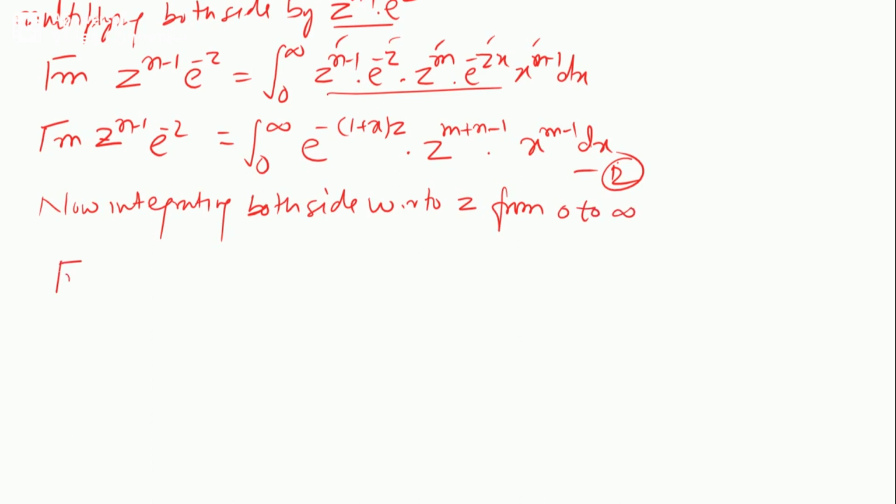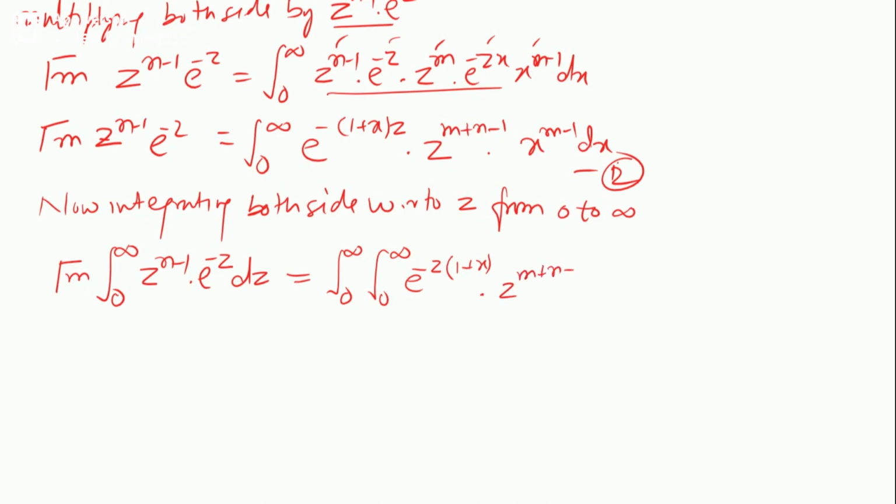So we get Γ(n) is constant, so we write the integral from 0 to infinity of z^(n-1) e^(-z) dz is equal to the double integral from 0 to infinity of e^(-(1+x)z) z^(m+n-1) x^(m-1) dx dz.